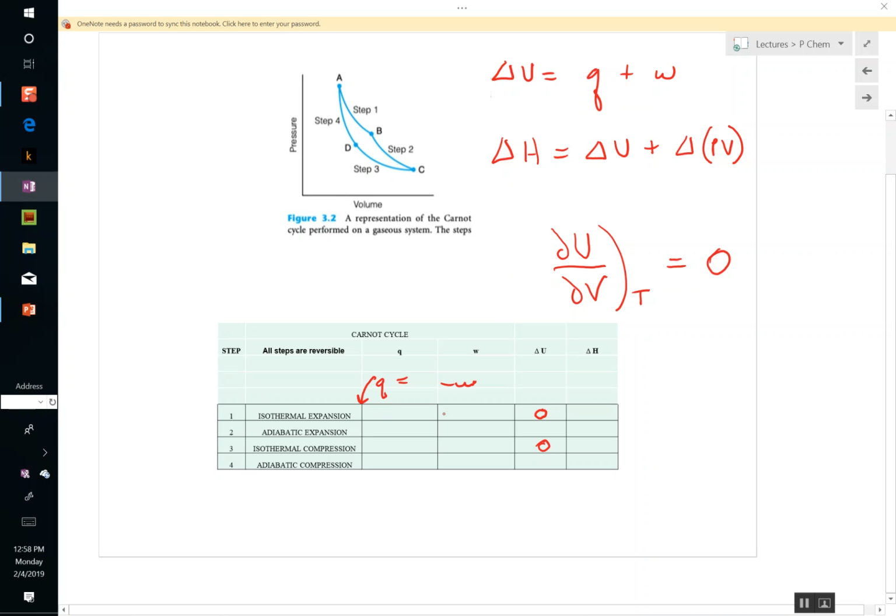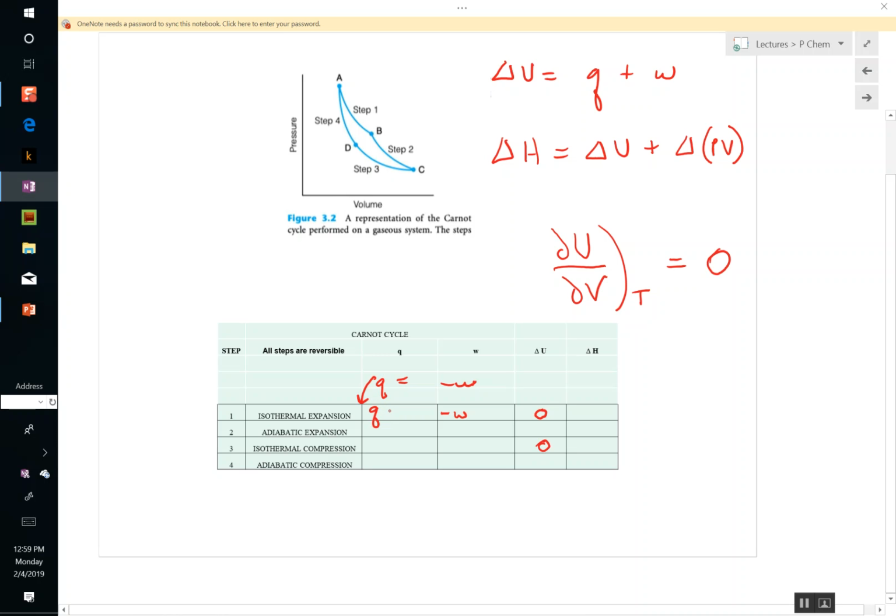So this is negative work. The gas, if we think about an ideal gas in this Carnot cycle, which is where all these things pan out, the system is doing work on the surroundings. The gas is expanding.